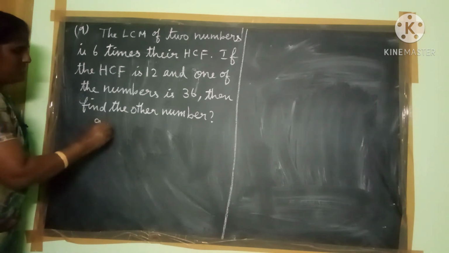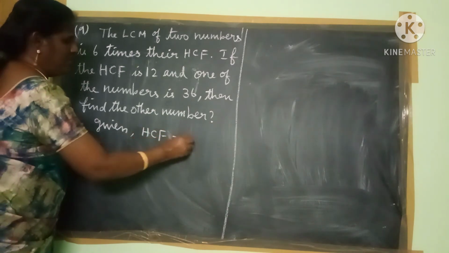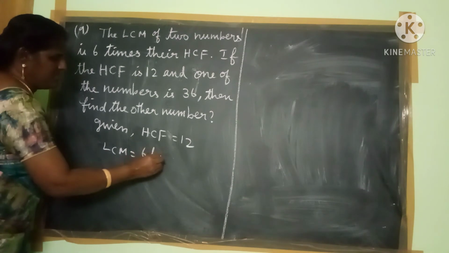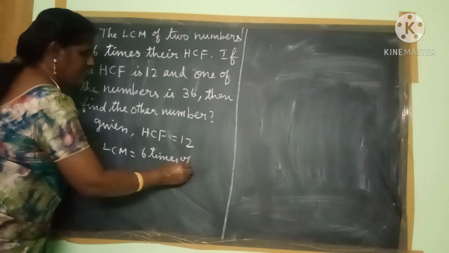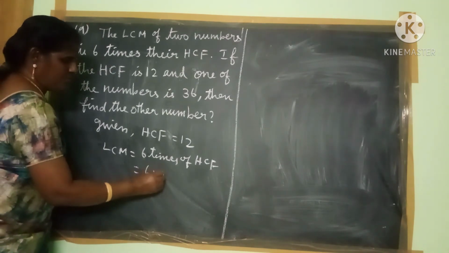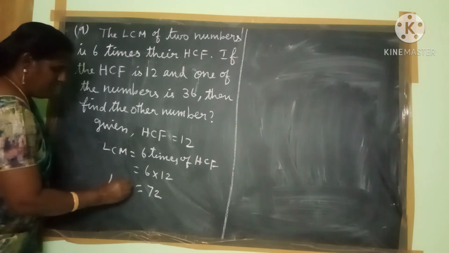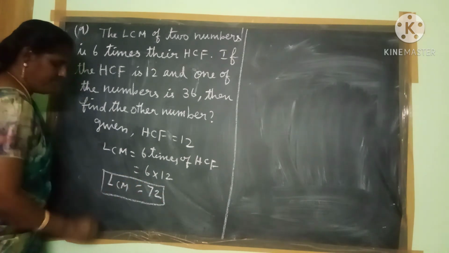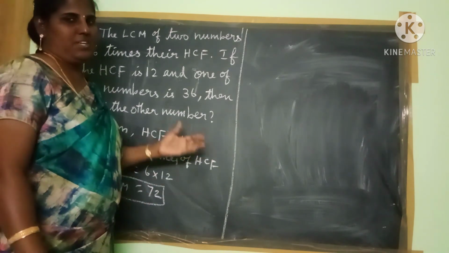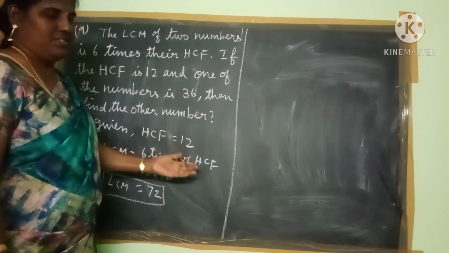So what is given? HCF is equal to 12 and LCM is 6 times HCF. What is HCF here? 6 into 12. 6 12s are 72. So LCM is equal to 72. First you find out the LCM. Now what is the formula? Product of the given numbers is equal to HCF and LCM.